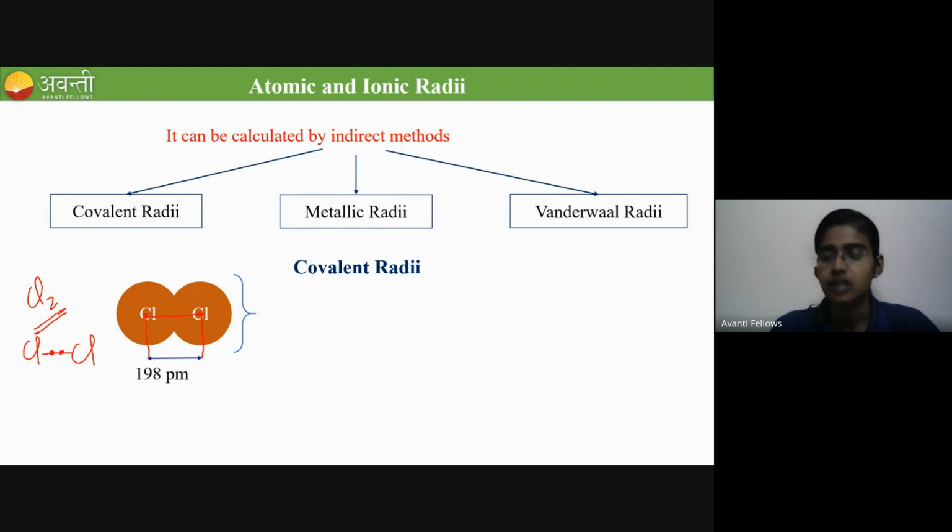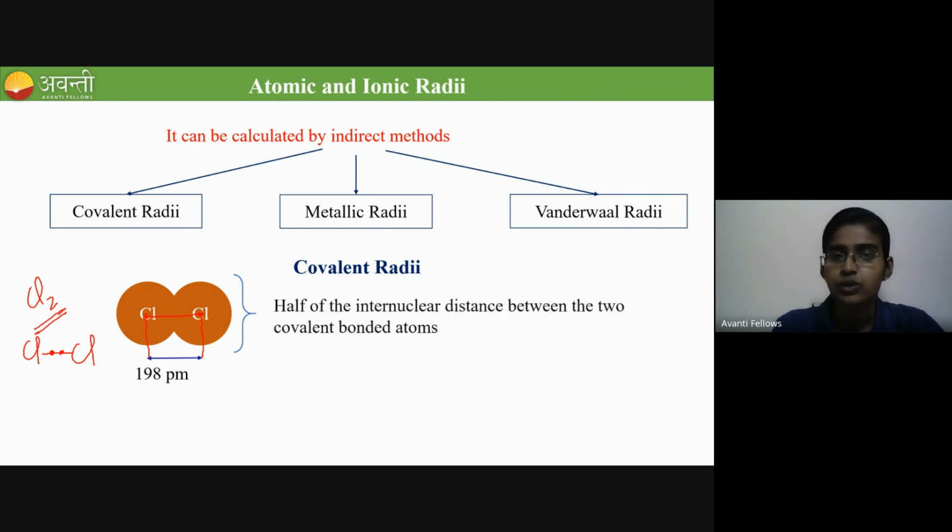Now, to find out the atomic radii or covalent radii, I have to take half of the internuclear distance between the two covalently bonded atoms. That will give me the covalent radius.